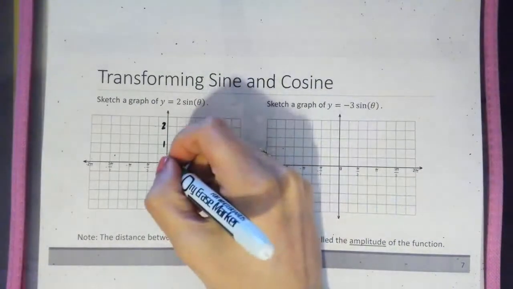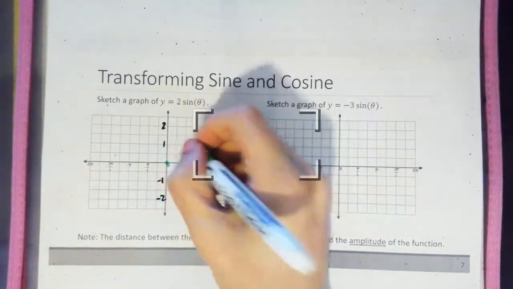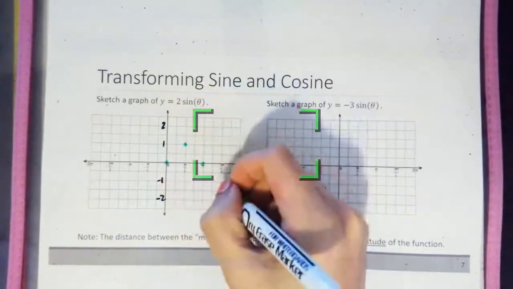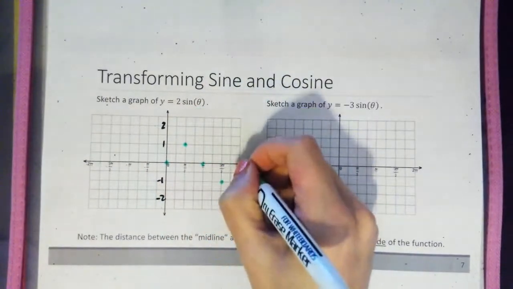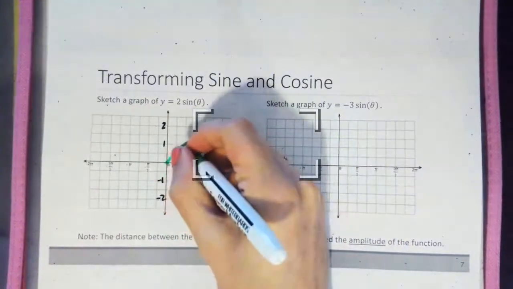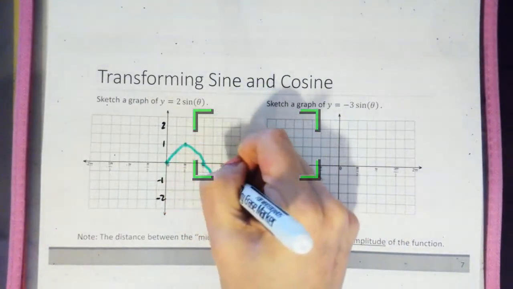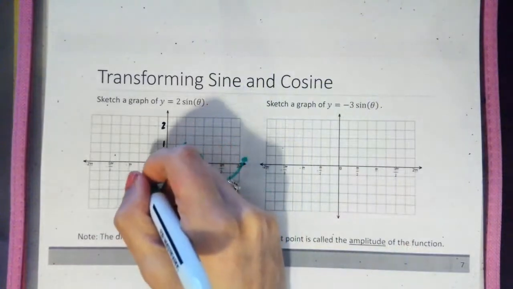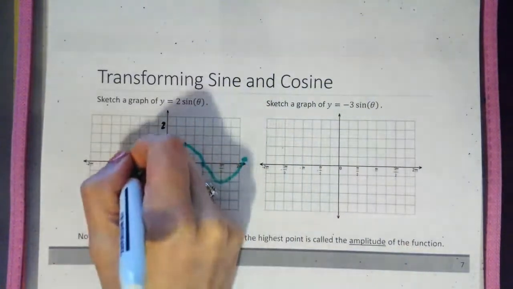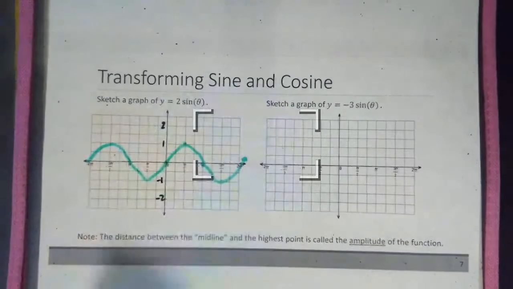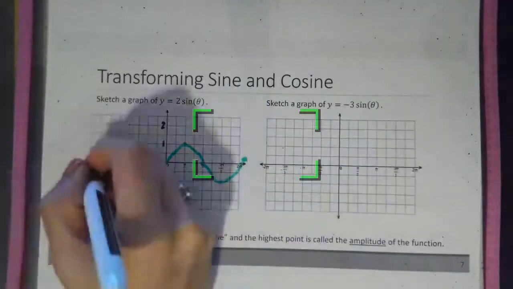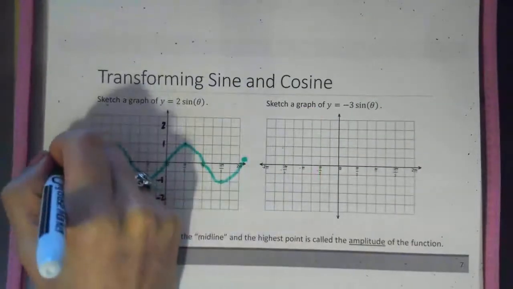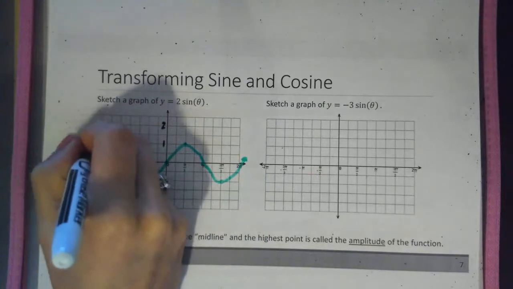Sine of 0 is 0, the sine of pi over 2 is 1, sine of pi is 0, 3 pi over 2 is -1. So we're getting this beautiful sinusoidal curve, assuming I could draw them, and it continues on. So that is the graph of y equals the sine of theta.